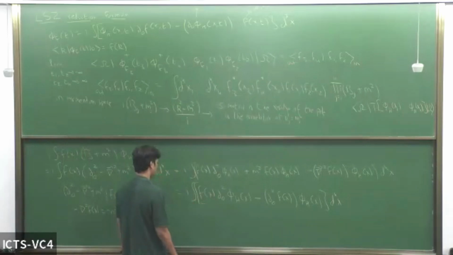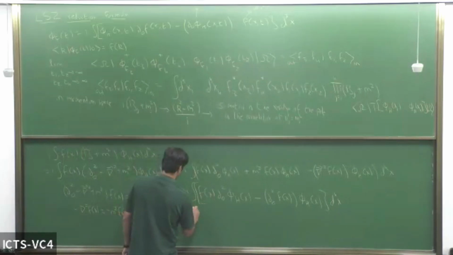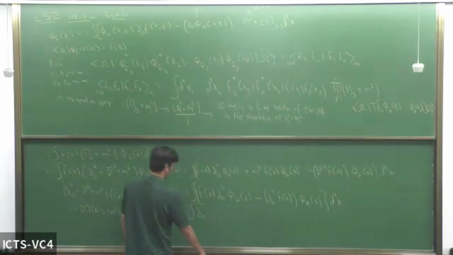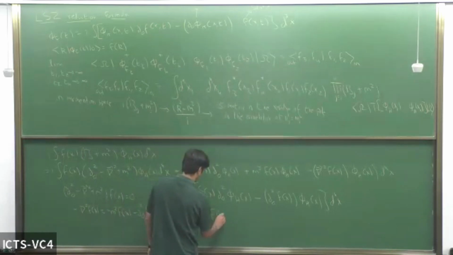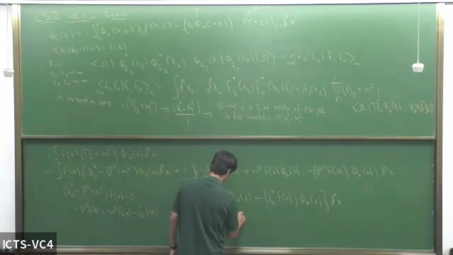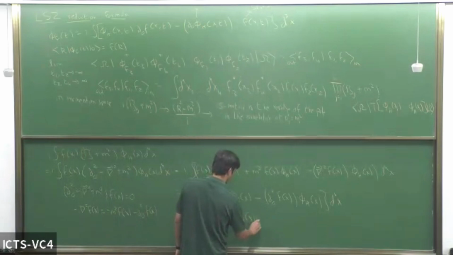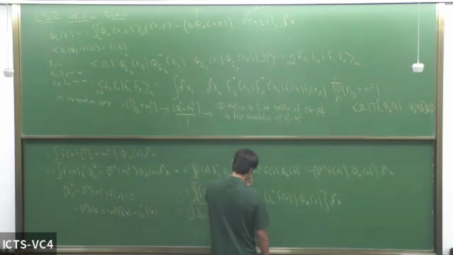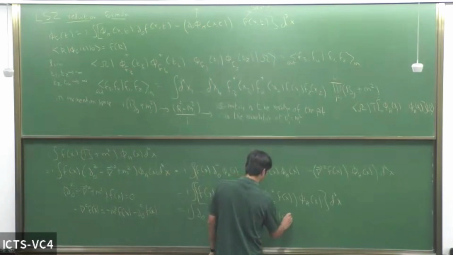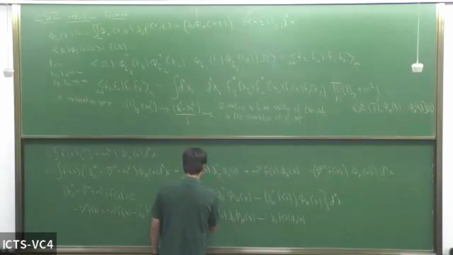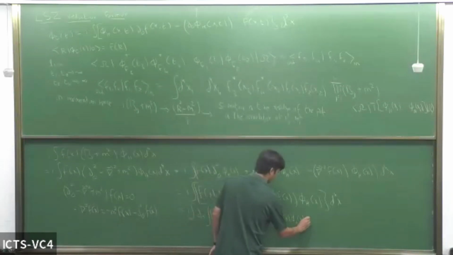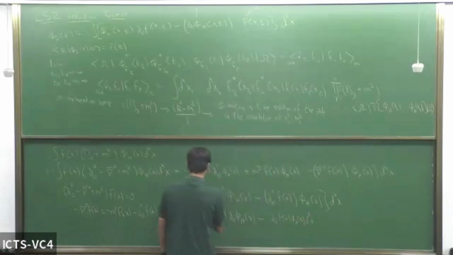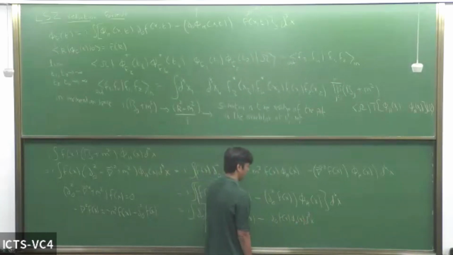So you can think of this as I times integral d0 of f of x d0 phi h of x minus d0 f of x phi h of x. In fact, this I can integrate over d3x, and I'm just splitting the integral into two parts.